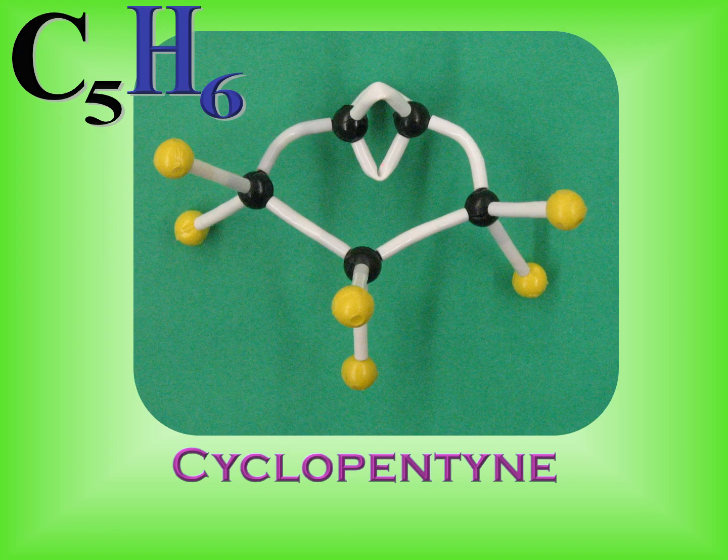Then we have cyclopentyne, which kind of, I don't know, that's a messed up pentagon. C5H6, the hydrogen just barely outnumber the carbon, severely unsaturated. It's a strange looking chemical, to say the least.